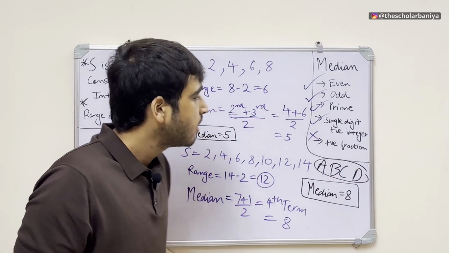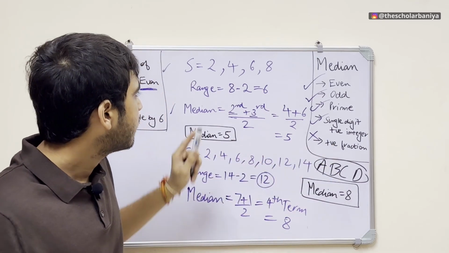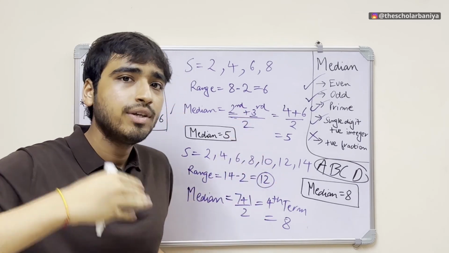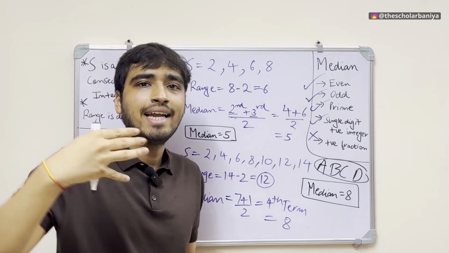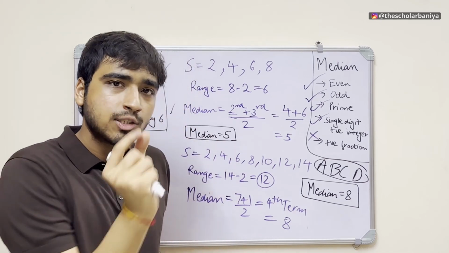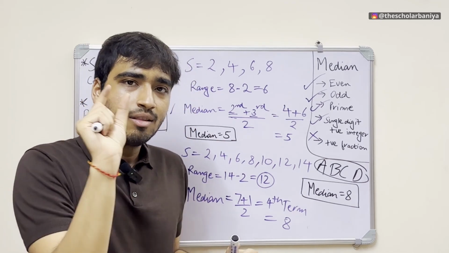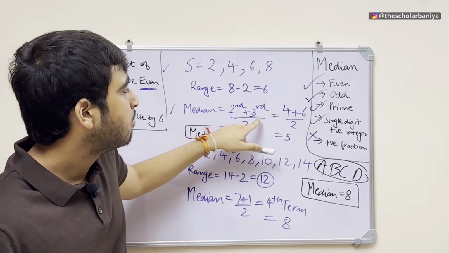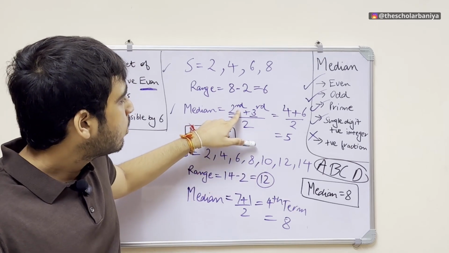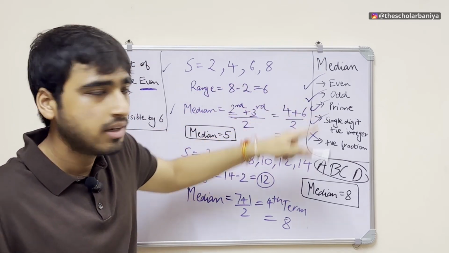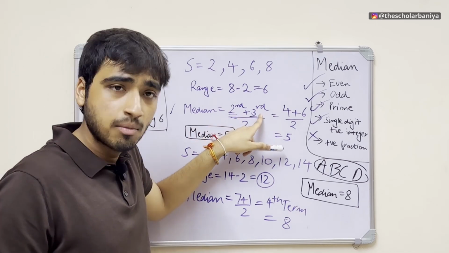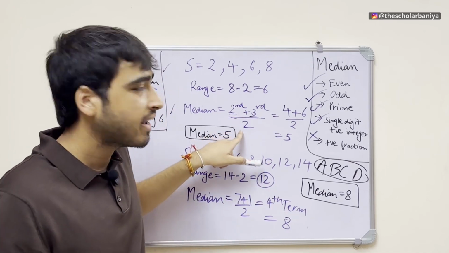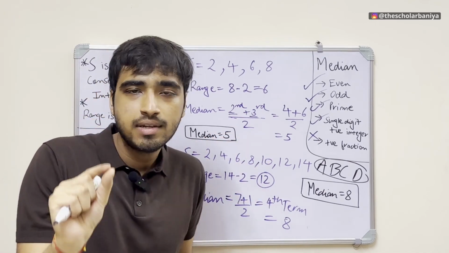I hope this is clear. I'll just tell you this point once again. The set S consists of even integers, for example 10, 12, 14, 16, 18. The median will either be the sum of two terms divided by 2, like the second term plus the third term by 2. All the terms are even, and even plus even is even, and even divided by 2 will always give you an integer.